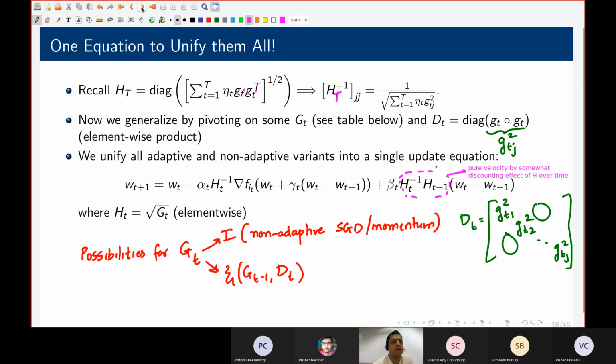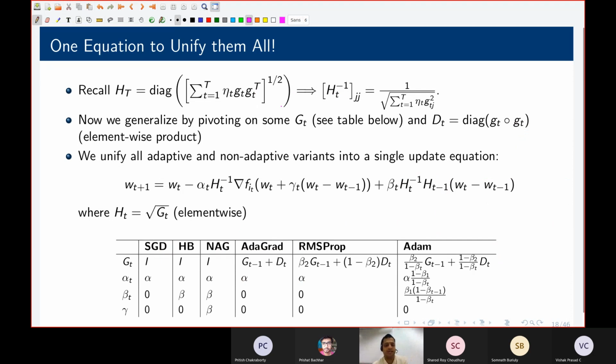Are we fine otherwise? So now we'll just unfold the table. Let's look at the table. As expected, I think I mentioned this already on the previous slide. G_t equals I, that's this case. If G_t is I, you will basically get all the non-adaptive versions.